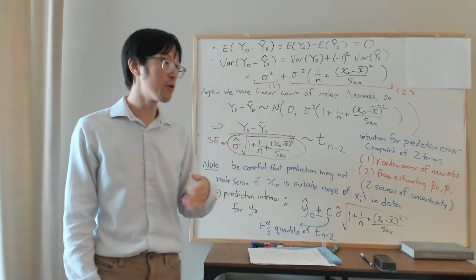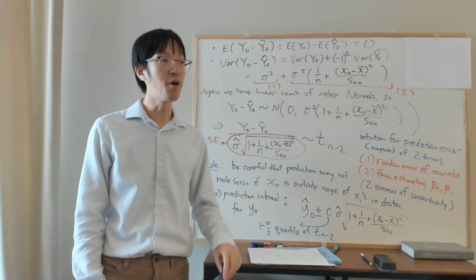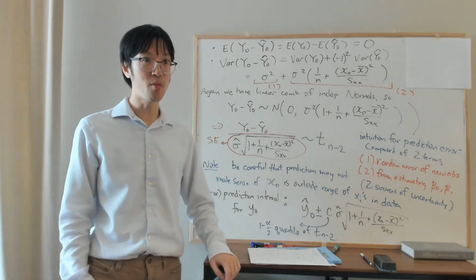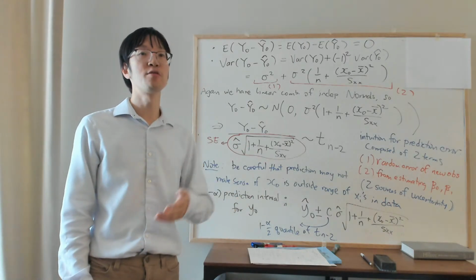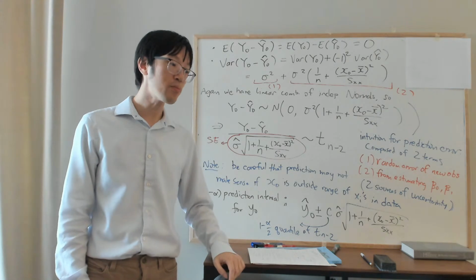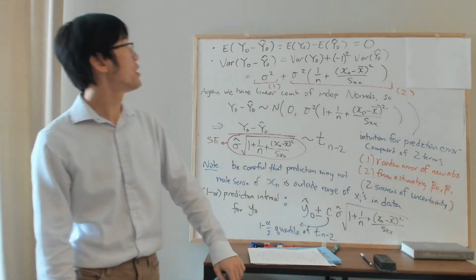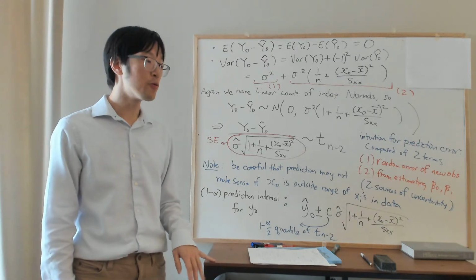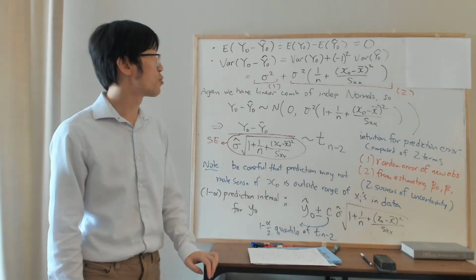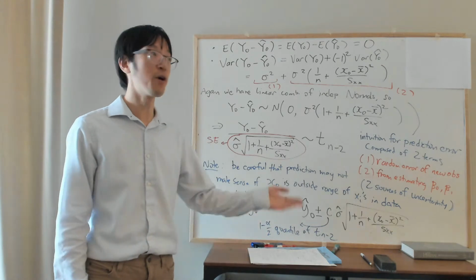Last time we computed the distributions of these estimates, so that accounts for the estimation uncertainty in beta 0 and beta 1. And today we applied those estimates to figure out how we would use this fitted regression model to predict the value of y for a new value of x.